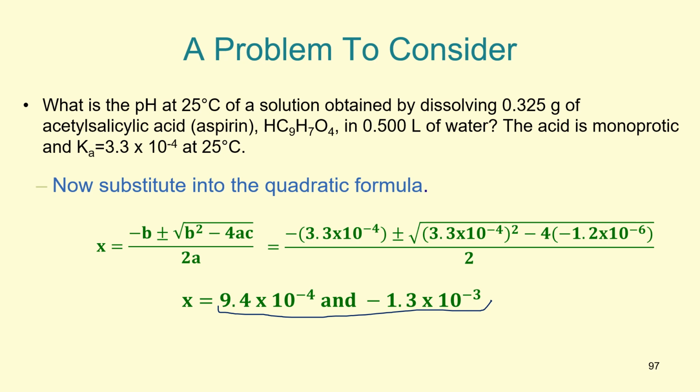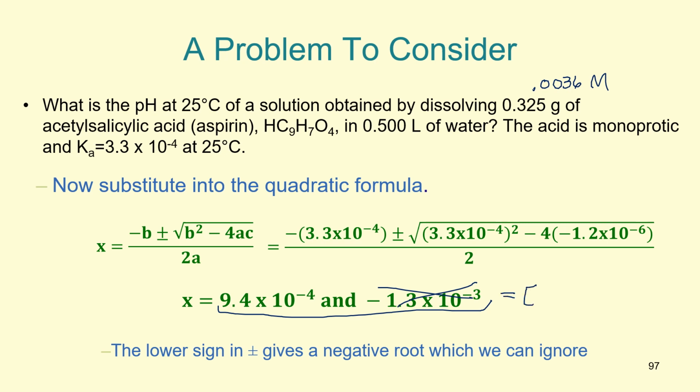Because it's quadratic, it should have two answers. One of them is not going to work. Remember, our concentration was 0.0036 molar. So since we can't really have a negative concentration, that one's going to have to be the one that we omit. So X is going to be equal to 9.4 times 10 to the minus 4.